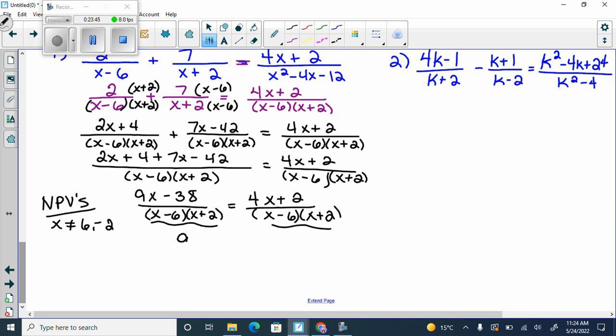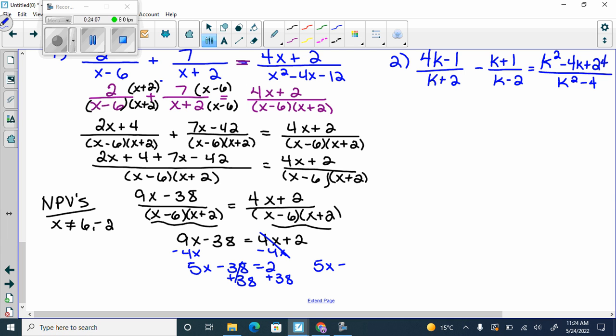So we get 9x minus 38 equals 4x plus 2. Minus 4x: 5x minus 38 equals 2. Add 38: 5x equals 40. Divide by 5: x equals 8. And then we follow behind with x can't equal 6 and negative 2.